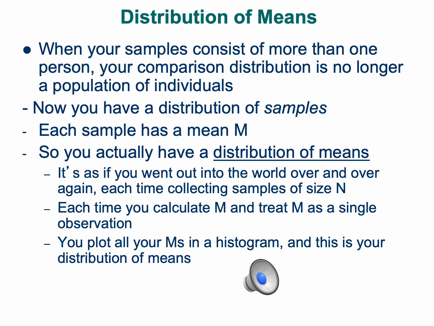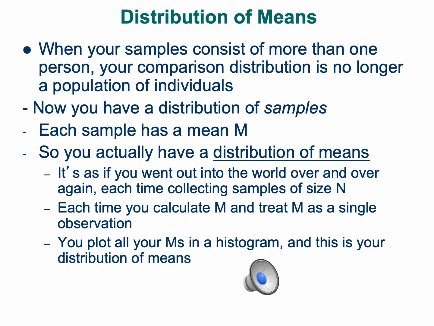So each time you go out, imagine you were to go out and do this, you would collect an infinite number of samples from a population, calculate the mean of the sample, and then plot that. And we're going to have an exercise later where we will go through and do that with a program that interactively lets you calculate means like that. And we're going to plot this distribution of sample means. And that distribution of sample means is going to tell me how likely it is that a certain sample from that population, a certain sample mean, occurred by chance.